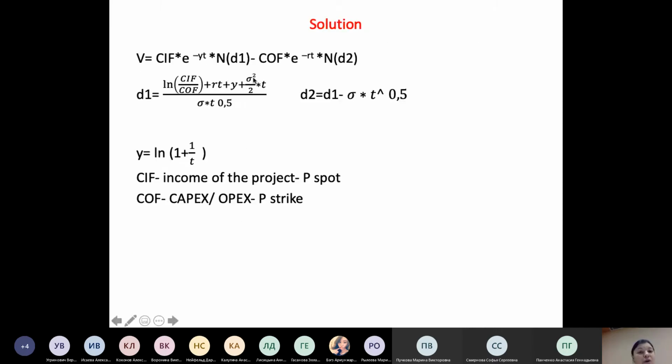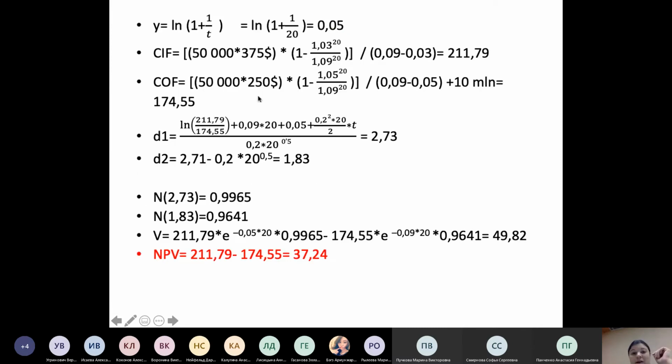We are using this formula: standard deviation squared, multiply period of existence and divided by 2. Standard deviation to the extent 2, multiply 20 years as our T, our period, and divided by 2.